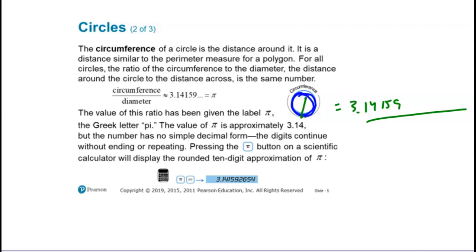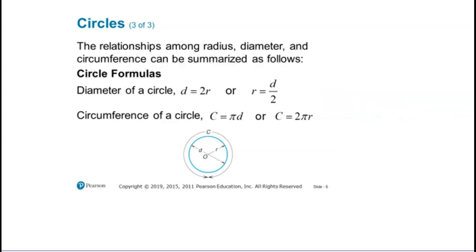It is an infinite number, and that is a mathematical truth. So that's where pi comes from. 3.14 is the circumference divided by the diameter, and that's going to be really important as we look at the different formulas that we're using.